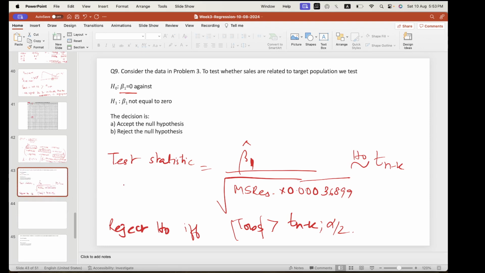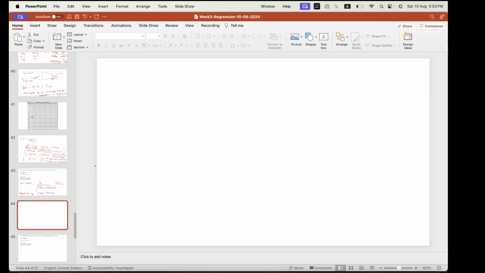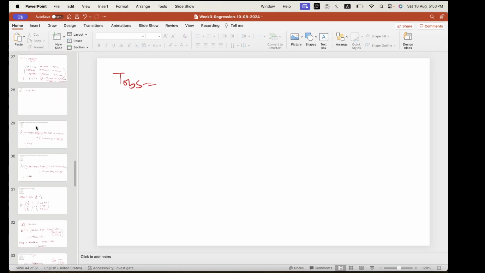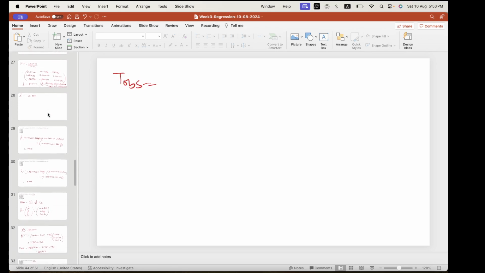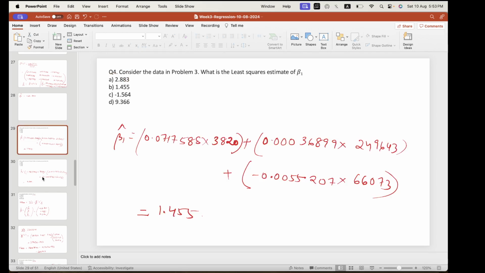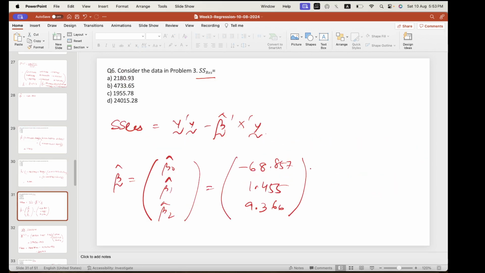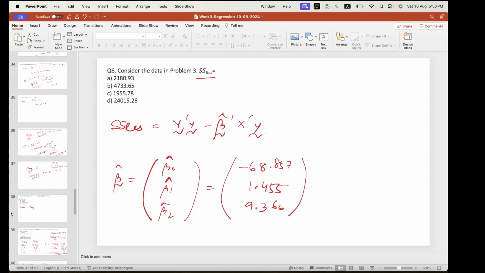Beta 1 hat value we have obtained, MS residual we have obtained. So let us find out how much t observed will be. Beta 1 hat, which we had obtained earlier, was 1.455.